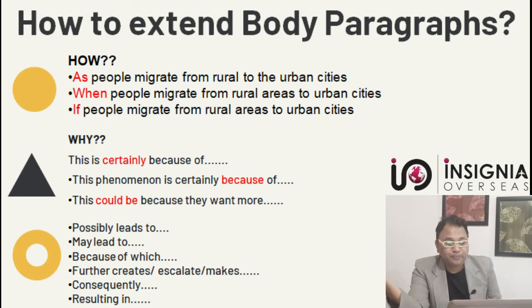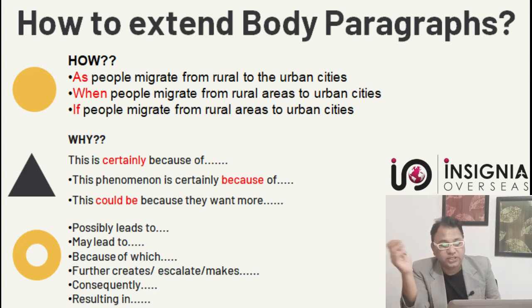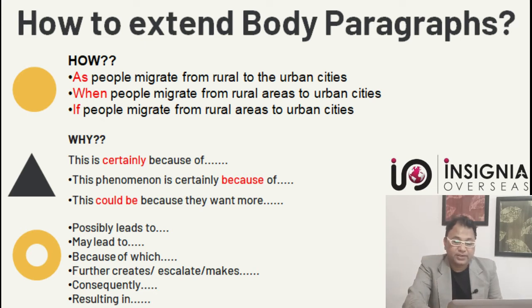Let's move further. Mention one of the leading factors because you're supporting your idea. It could be, say, possibly leads to, or this may lead to, this phenomenon may lead to, this problem may lead to. So this is mentioning one of the leading factors. After mentioning this, let's move on to providing an example.